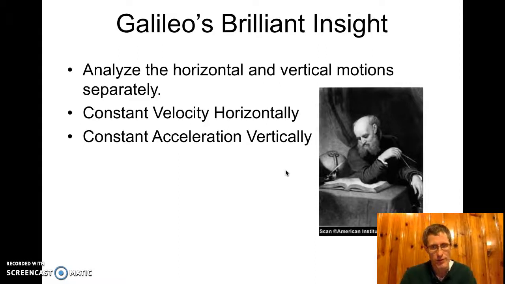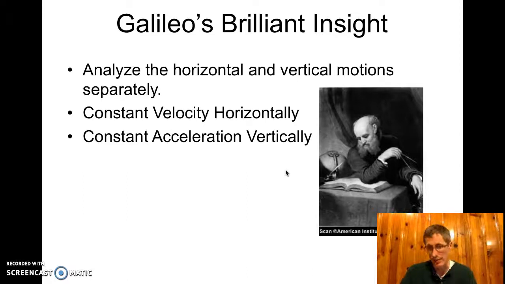Projectile motion confused people for a very, very long time, and it was pretty much Galileo who figured out what was going on. His big insight was that the horizontal motion and the vertical motion of the ball are two separate and independent motions.